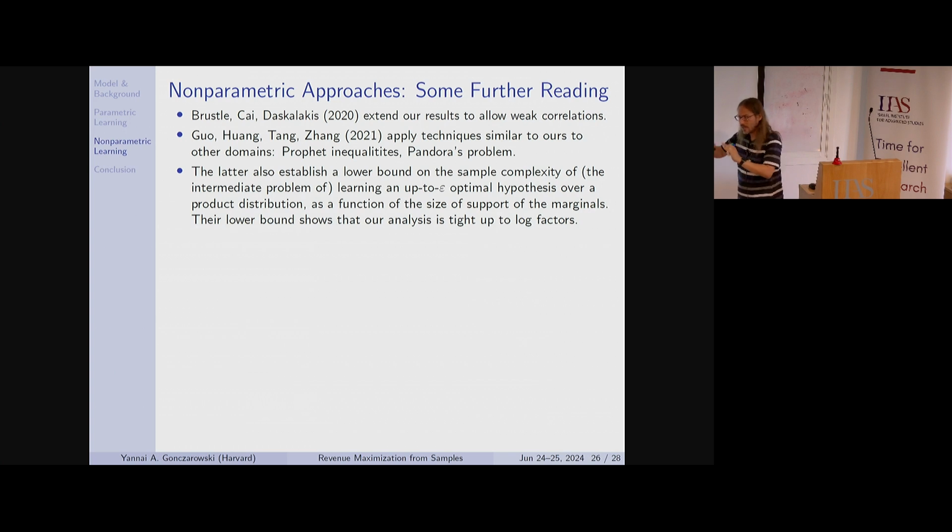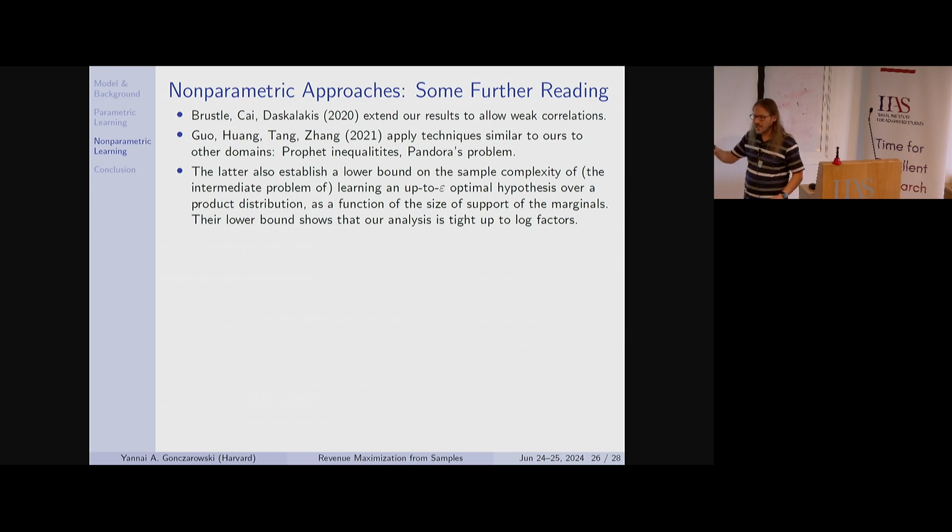This is essentially, after discretization, what I showed you how to solve. We had marginals of size h over epsilon. I showed you how to get sample complexity if this is the size of the support. Before that, I told you the continuous thing we can discretize to h over epsilon, then do our analysis. That's essentially what I told you. So for that specific problem, they show that our analysis is actually tight up to log factors.